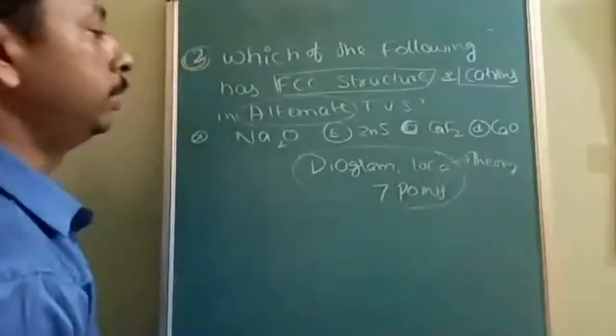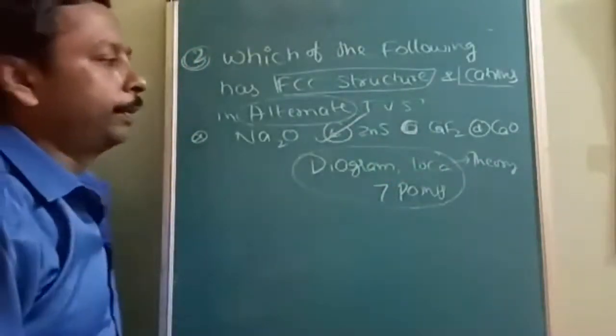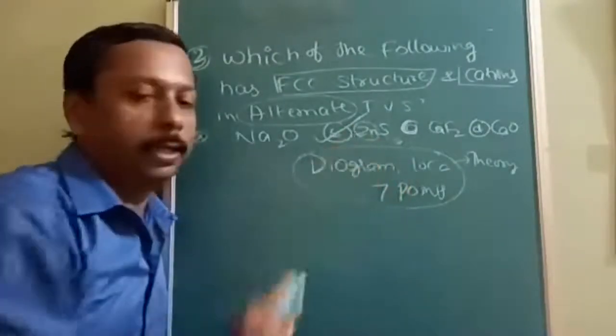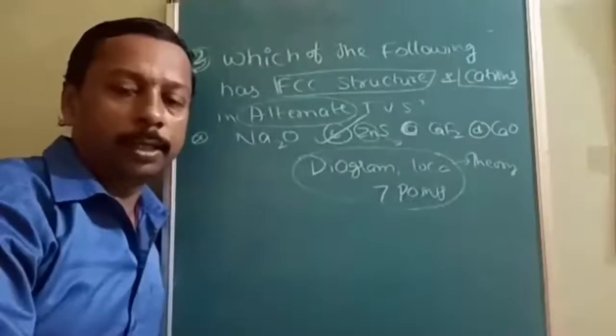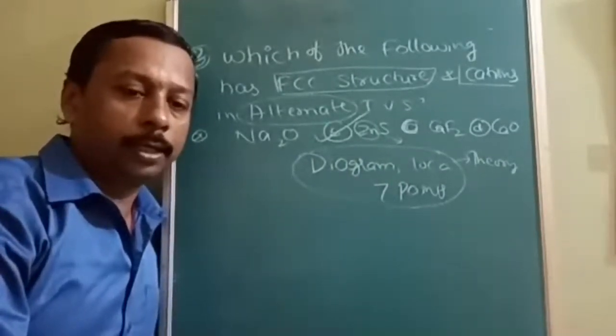Okay, so this is a conceptual question. So what is the answer? Zinc sulfide. In zinc sulfide, sulfur forms FCC. Zn occupies alternate tetrahedral voids.